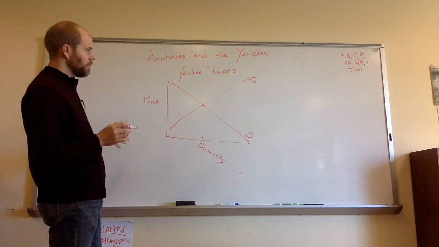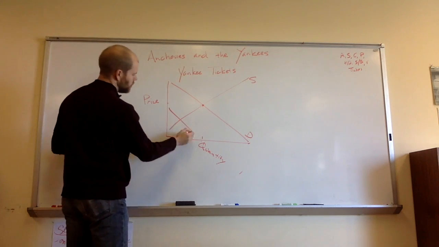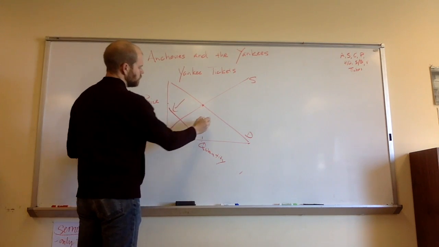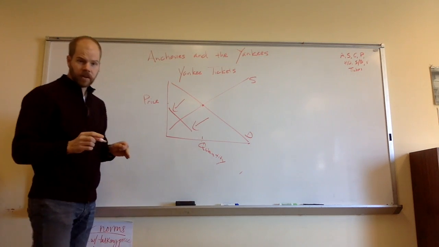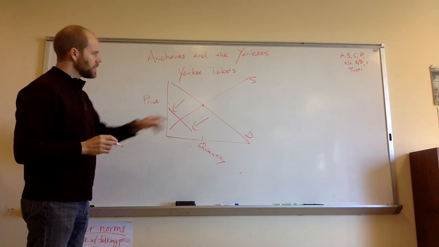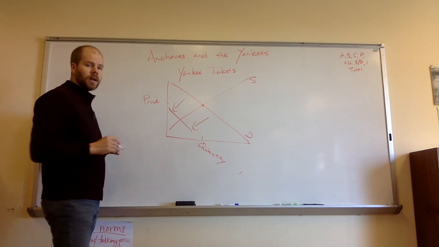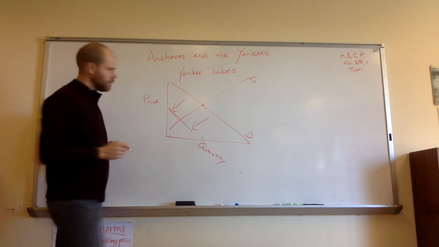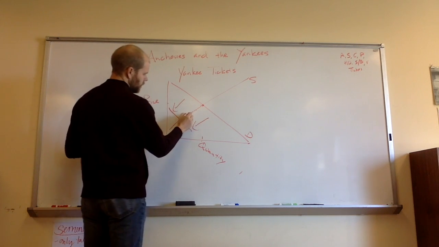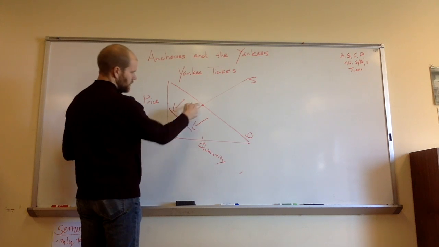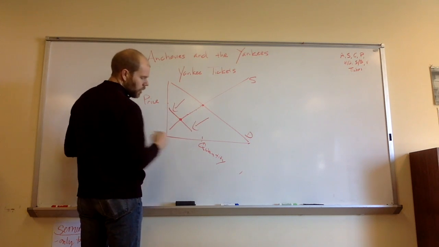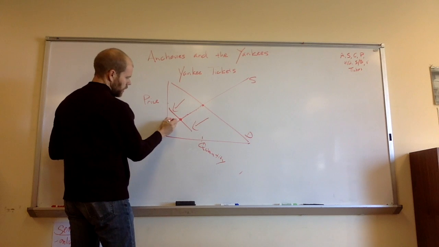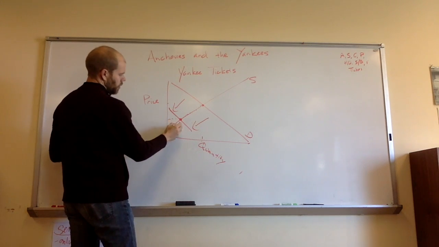But if something were to occur to reduce the demand, we would have demand shifting, right? But supply doesn't shift. The quantity supplied is going to change. So the price is going to change, and it's going to go from this higher equilibrium price and this higher quantity to a lower price and a lower quantity of tickets.